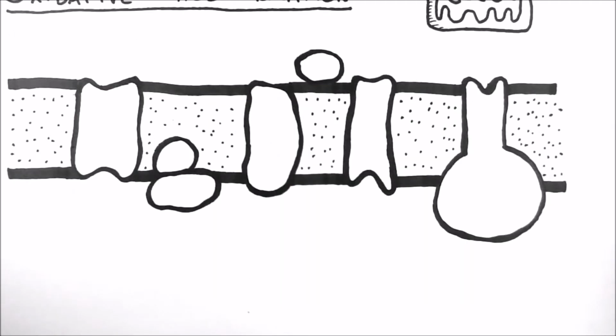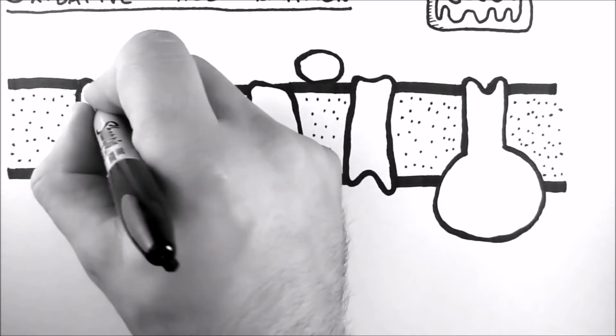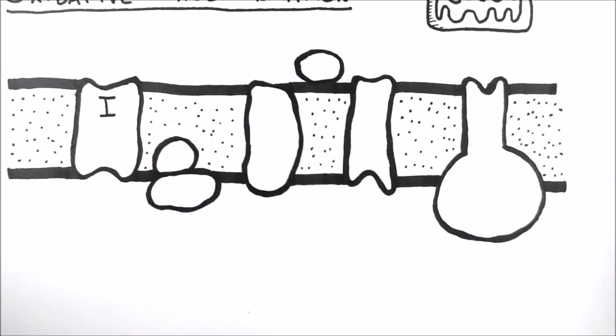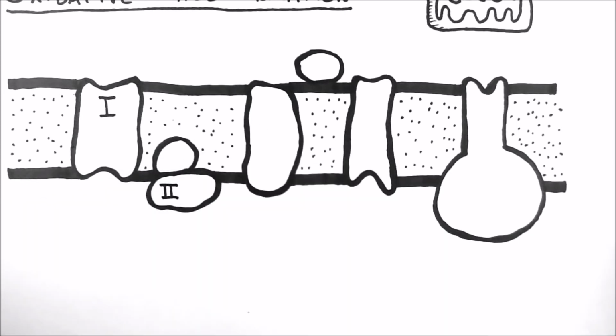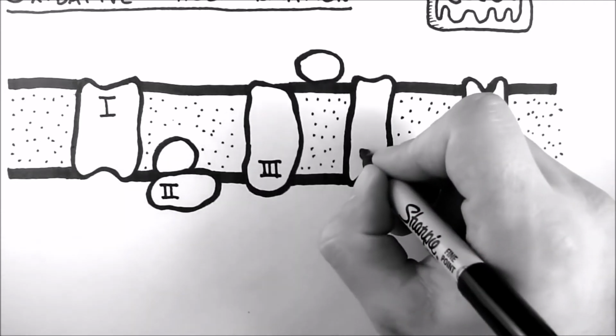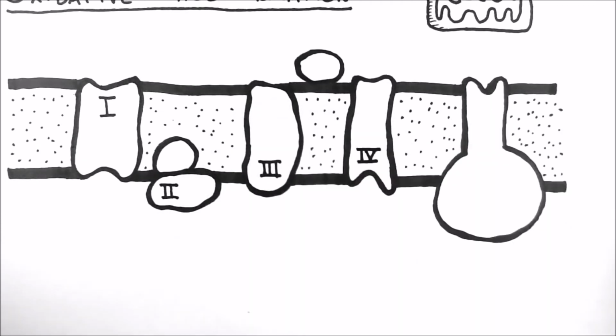So here is the membrane, and within it are a bunch of protein complexes. They are known as complex 1, or NADH dehydrogenase, complex 2, or succinate dehydrogenase, complex 3, or cytochrome C reductase, and complex 4, or cytochrome C oxidase.